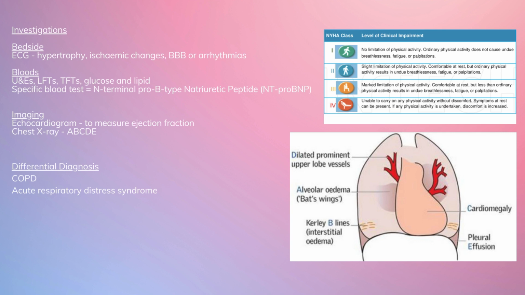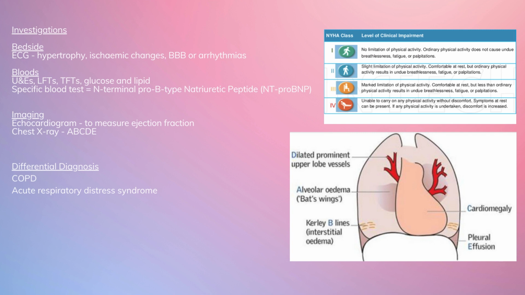Other potential differentials include acute respiratory failure, again with very similar symptoms such as shortness of breath, tachypnea, and respiratory distress. Both of them lead to an accumulation of fluid in the lungs and impaired gaseous exchange, which can lead to hypoxemia.